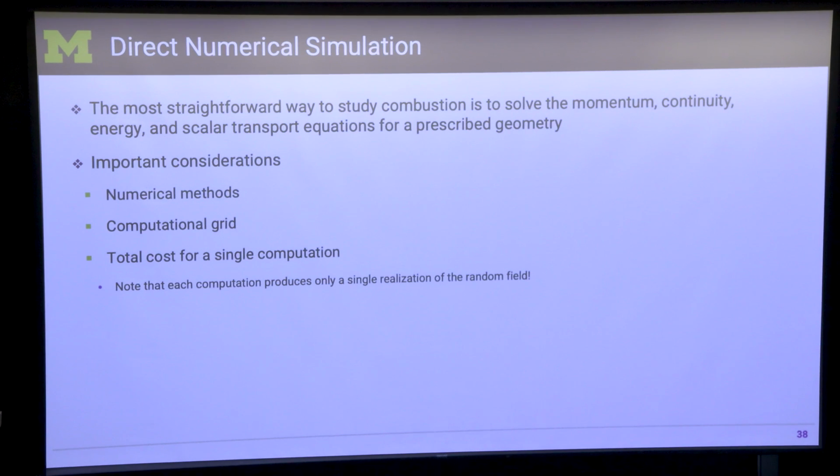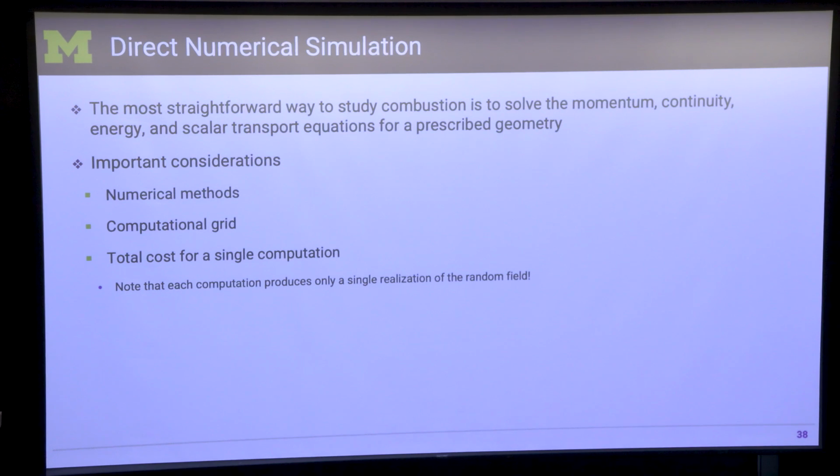When you do DNS of a flow, you are simulating one realization, where you have some initial field, you evolve it over time, and you see what it looks like at a future time. If my initial conditions change even a little bit, I will get a slightly different field at a later time. Maybe not slightly, maybe a very large difference. But all I'm doing is one such case.